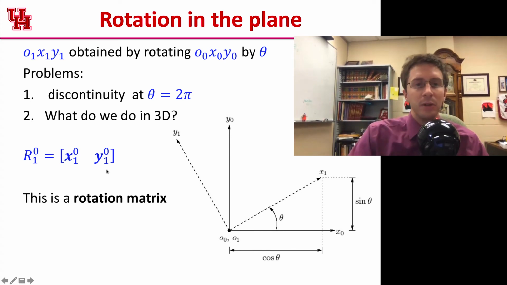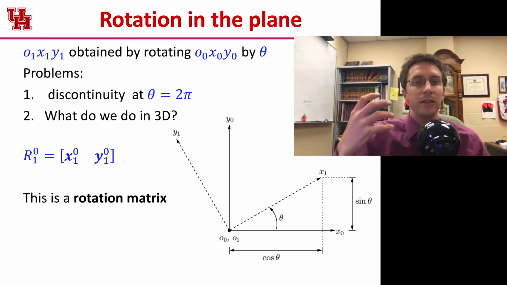We're going to say, what is this vector x1 in frame 0, and what is the vector y1 in frame 0. The matrix that we construct, by telling where these new coordinate frames are, is a 2x2 matrix in 2D and 3x3 in 3D, and that is a rotation matrix.